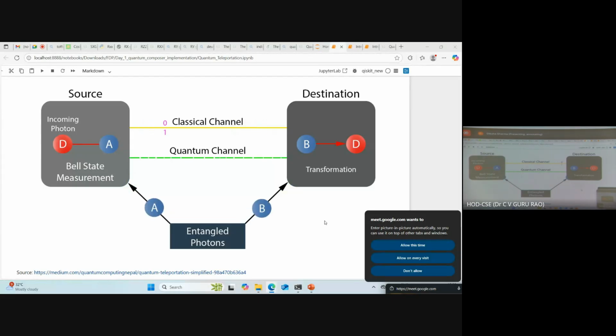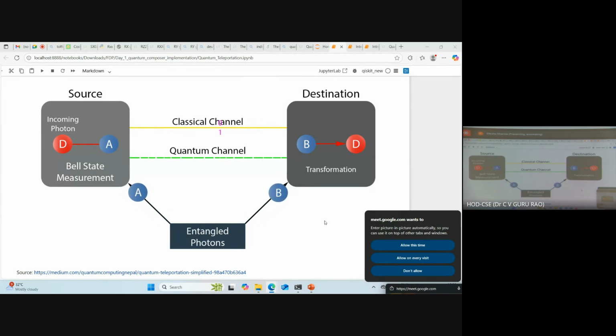And of course, this is not actually a pure faster than light thing, because there is some classical information also passed from the source to the destination. This is a very big concept, quantum teleportation. I'm just trying to make it as simple as possible.